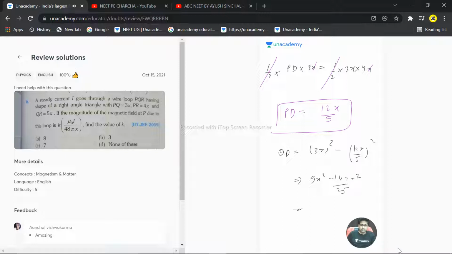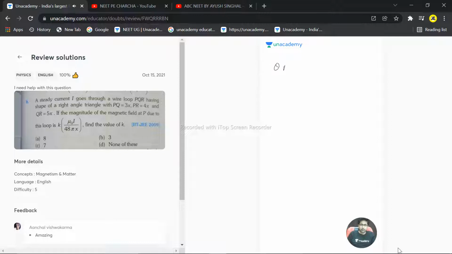Multiplying 9 and 25 we get 225, and 225 minus 144 equals 81. So 81 by 25 x square is QD square. So QD is the square root of this, and the value of QD comes out to be 9x by 5. That is the value of QD we are getting right now.